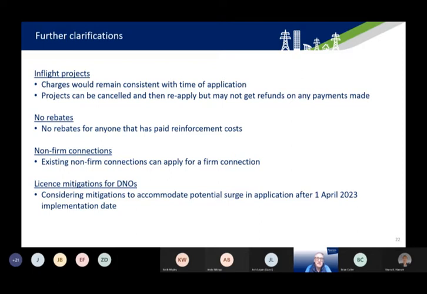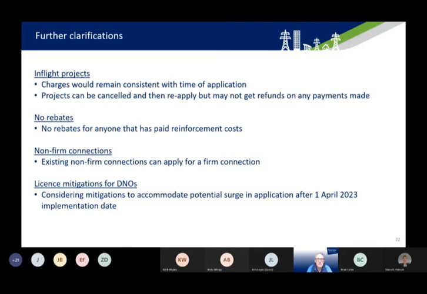And then the last point is clearly something that was of great interest for the DNOs. One of the concerns on this approach, because there's a sharp edge implementation date of applications received after the 1st of April, was that we'll see a surge in applications after that date.